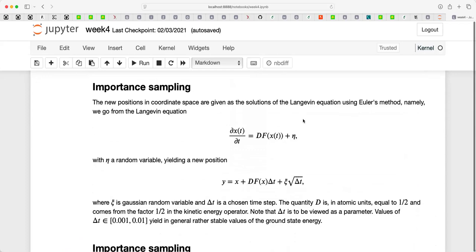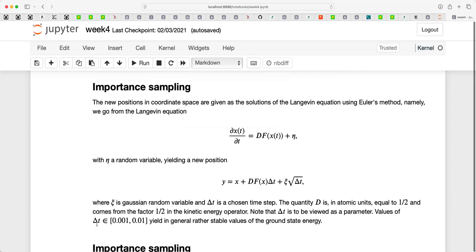So this is the Langevin equation. And this delta t appears here because we are solving this first order differential equation as we would solve a differential equation with Euler's method. So the delta t is your time step if you think of a first order differential equation solved with Euler's method. So the delta t becomes a parameter for us, and that parameter is something which we have to include in the simulations.